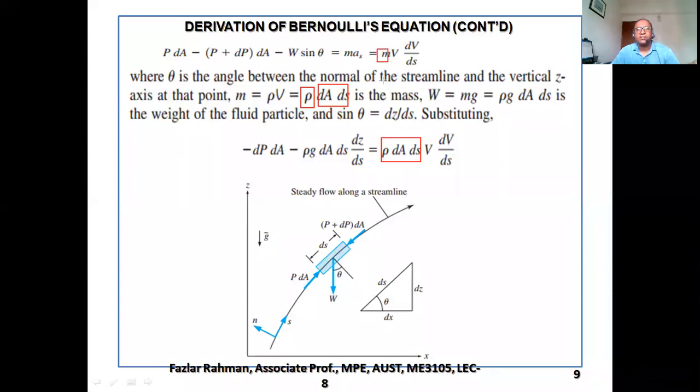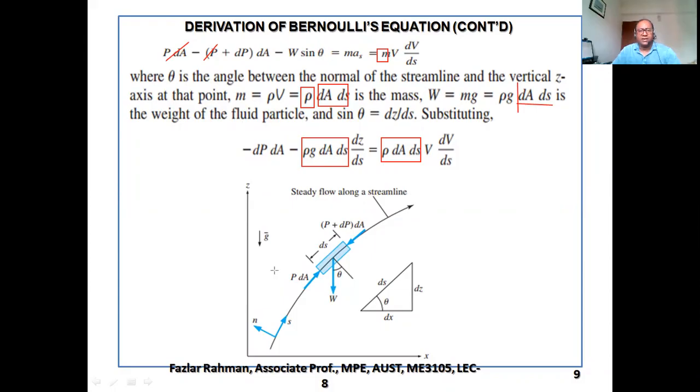This is m equal to this mass, times v into dv by ds. On the left side, you see this P into dA, this P into dA will be out. You have minus dP into dA, and W. So W equals mg. So what is mg? Volume into rho into g. So this is the volume dA into ds multiplied by rho g. So you see right over here, this is our W.